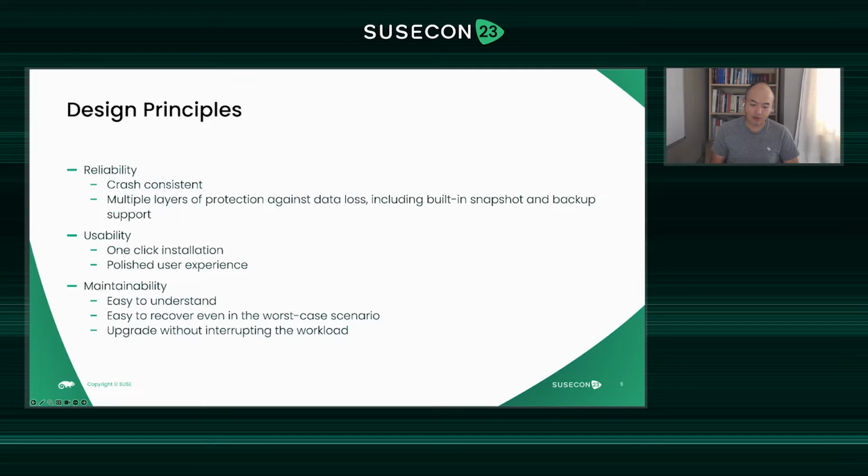Many storage vendors put backup separately, but in Longhorn it's a built-in concept from day one, because we know no matter how much effort we put in the cluster, if you lose your whole data center, that's not going to help you, right?